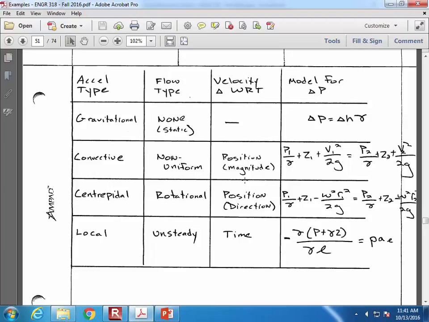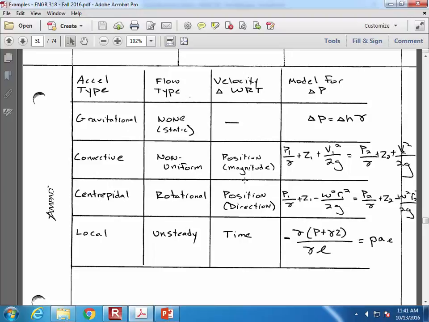So in a situation like that, velocity is changing with respect to nothing. That column is going to apply for other things. But what's the model that we use for delta P when it's gravitational acceleration? That's right, the hydrostatic equation. So delta P is delta H times gamma.